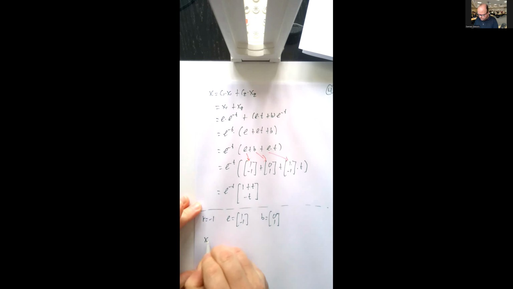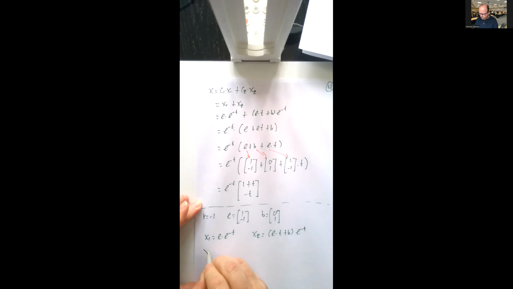Okay, and also, of course, x1 will be e times e to the minus t, and x2 will be e times t plus b e to the minus t. And now the fundamental solution matrix, obviously it is going to be x1 and x2.